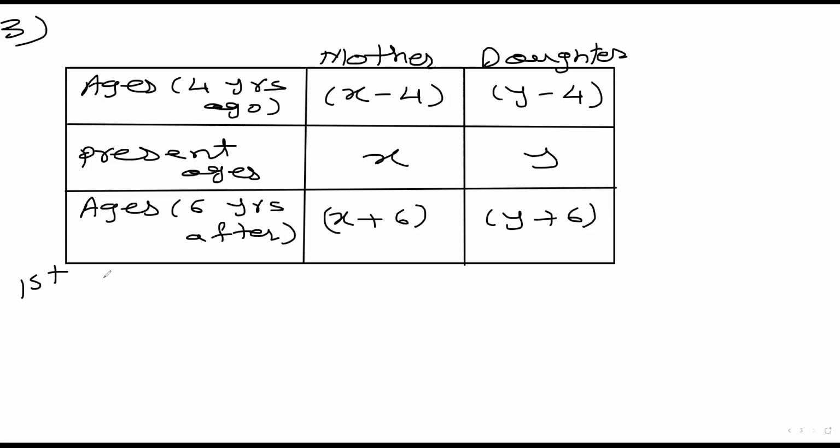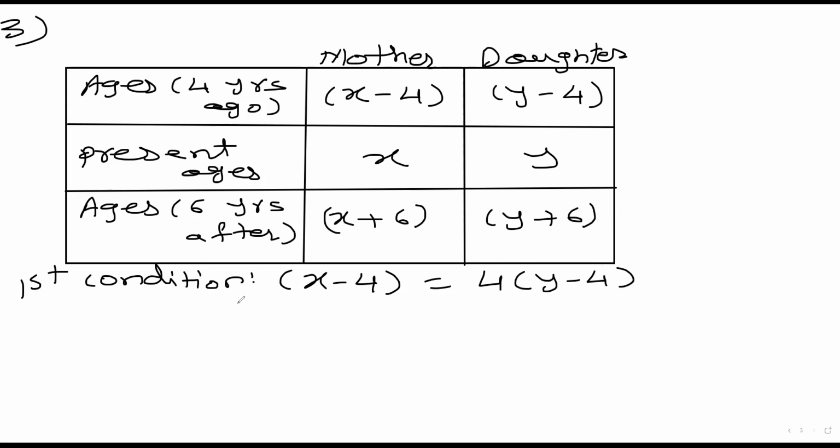Now, first condition, or condition 1. What is the first condition given? 4 years ago, a mother was 4 times as old as her daughter. So, x minus 4 is 4 times y minus 4. Correct. So, if you open the brackets, you get x minus 4 is equal to 4y minus 16.